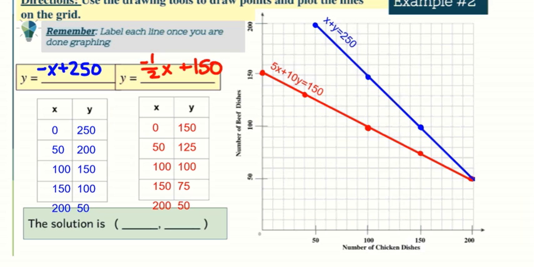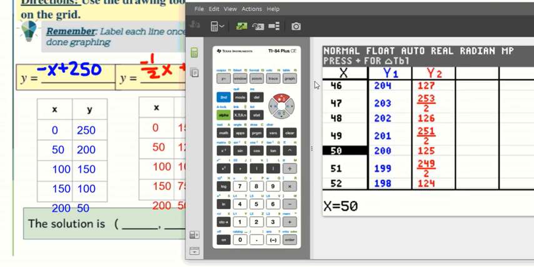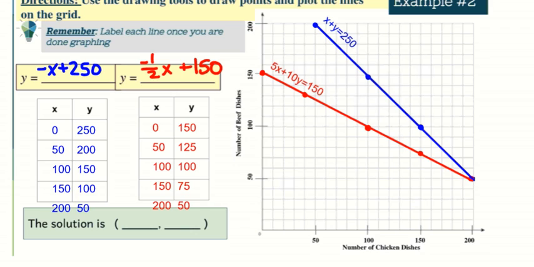Now, just as a strategy, because these are such large numbers, when I was scrolling through the graph on my calculator, I tried to focus on finding the x coordinates that are actually listed on this graph.